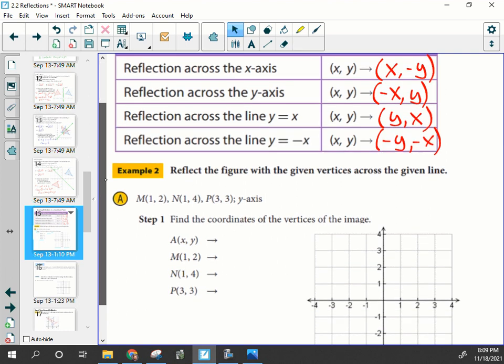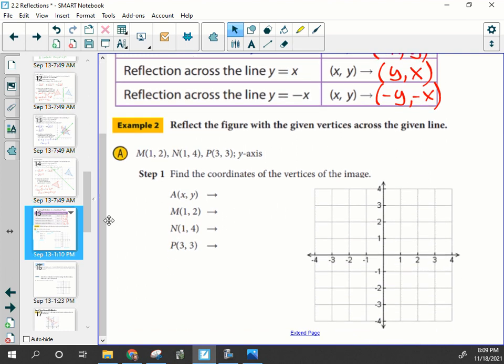So if I want to do example number 2, I want to take triangle MNP. M is at 1, 2, N is at 1, 4, and P is at 3, 3.